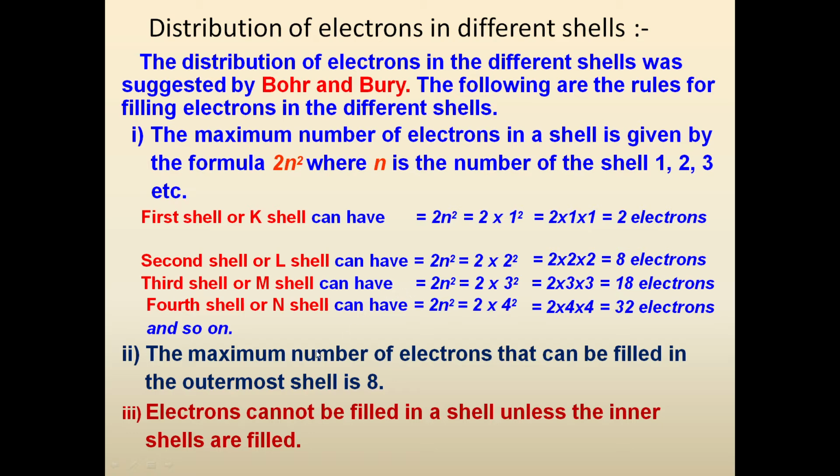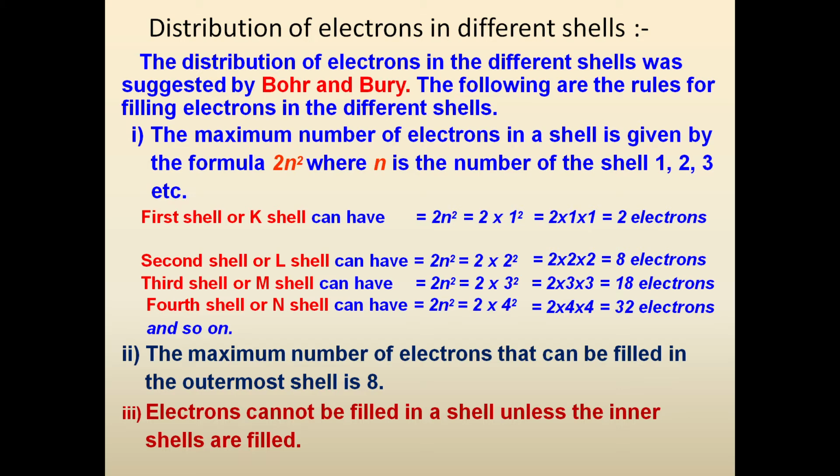Second rule: the maximum number of electrons that can be filled in the outermost shell is 8. Third rule: electrons cannot be filled in a shell unless the inner shells are filled. Now, what is the meaning of this third rule? This rule says that electrons will go to the second shell after filling the first shell completely.